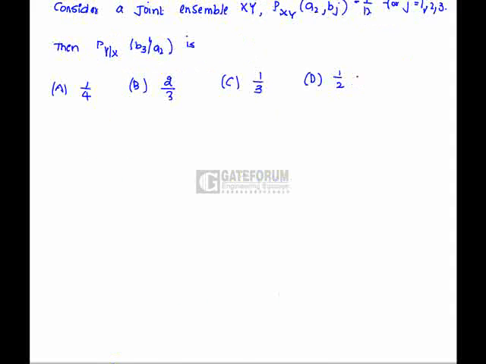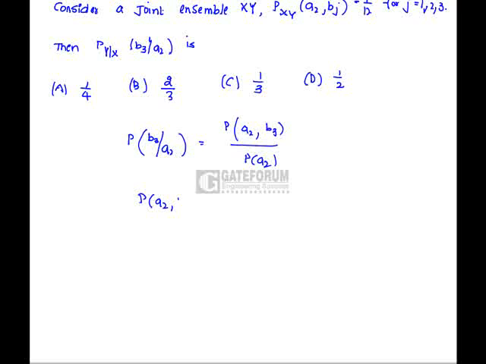Consider a joint ensemble XY, P of XY of A2, BZ equals 1 by 12 for Z equals 1, 2, 3. Then the conditional probability P y by x of B3 by A2 is nothing but probability of A2 B3 divided by probability of A2. Here probability of A2 B3 is nothing but 1 by 12.